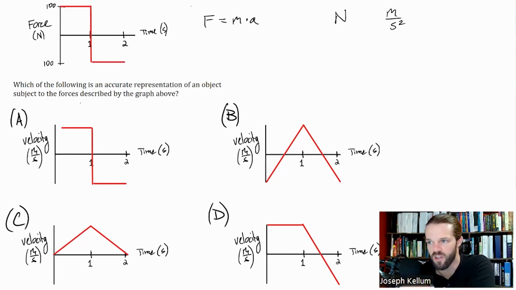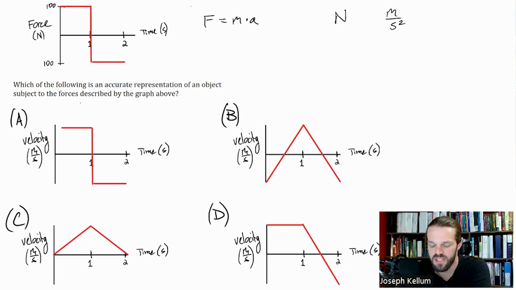So whatever happens to acceleration also happens to force, and vice versa here. So where it says force, you can just say acceleration. And then we can see that for the first half of this graph, force is constant. When force is constant, that means that acceleration is going to be constant. Acceleration is defined as the change in velocity per unit time.